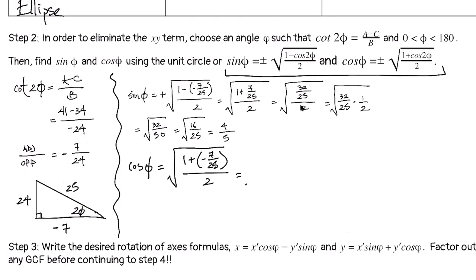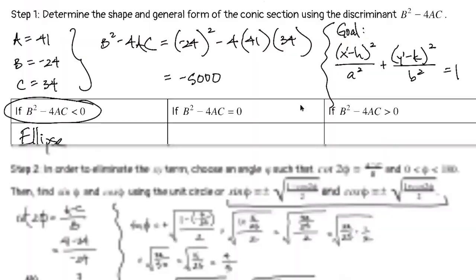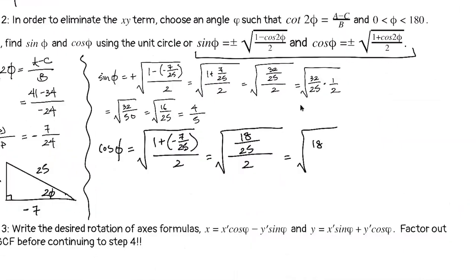This is going to give me 25 minus 7, which gives me 18 over 25, over 2. Or 18 over 50. Or 9 over 25, which works out very nicely to be 3 over 5, not 4.